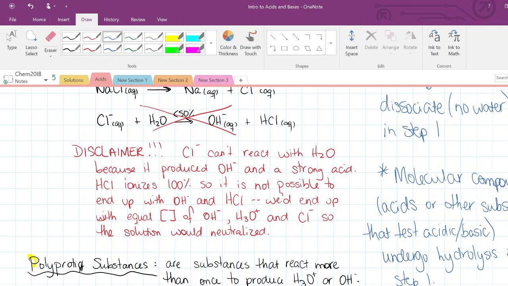Okay. So that's the first thing that should go on your study sheet, because this is where you're going to have to start for all of these reactions.